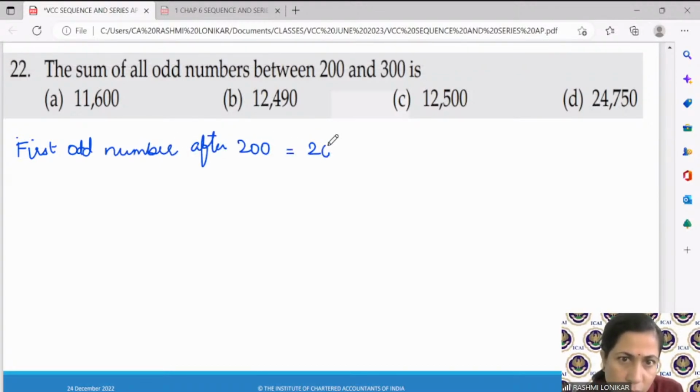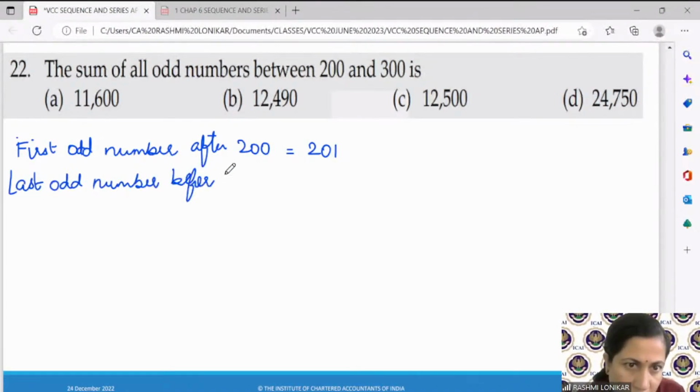It is equal to 201, right? What is the last odd number before 300? It is equal to 299. Because 300 is an even number, I just subtracted 1, I got this.